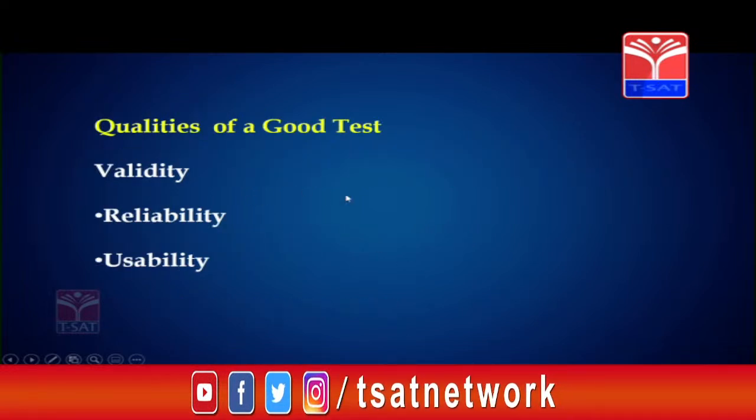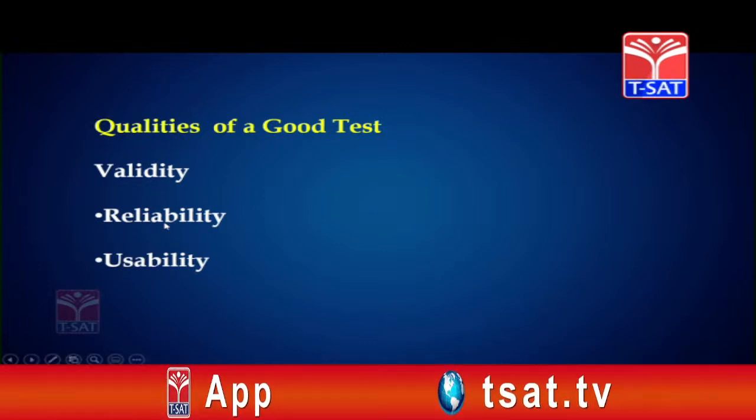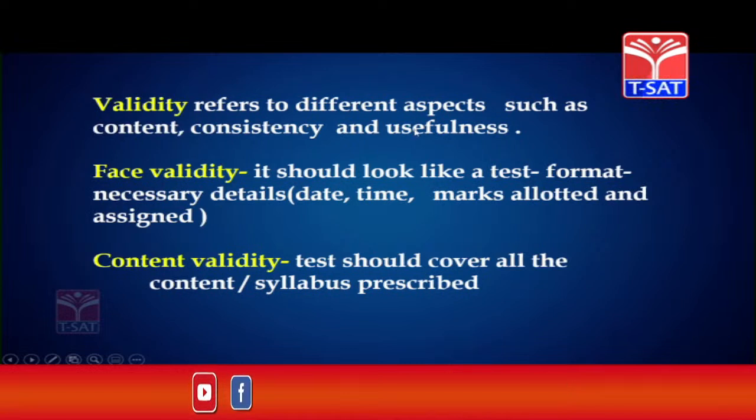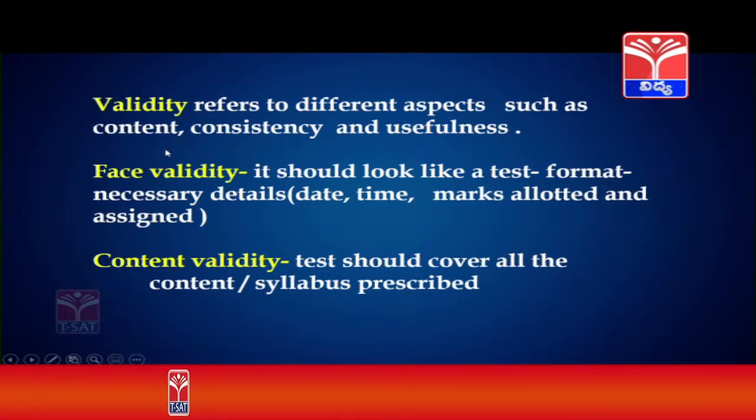And what are the qualities of a good test? A good test should have validity, reliability, usability. So, what is validity? It refers to different aspects such as content, consistency and usefulness. And again, we can look into the other terms of validity.